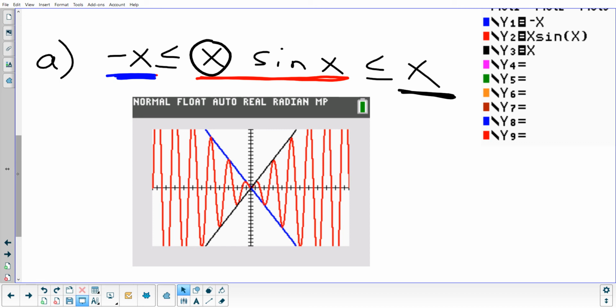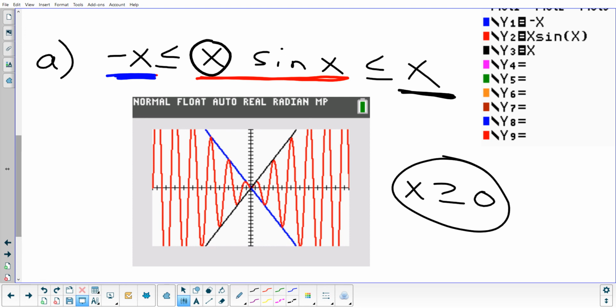From 0 to infinity? Yeah, anywhere from 0 to the right, you will be above the blue, but you're also under the black. If you go less than 0, that's reversed. Less than 0, you're under the blue. No, we want to be above the blue, not under the blue. Okay, so above the blue, below the black. So anywhere from 0 to infinity. You really don't have to say stop at infinity. You could just say greater than or equal to 0.